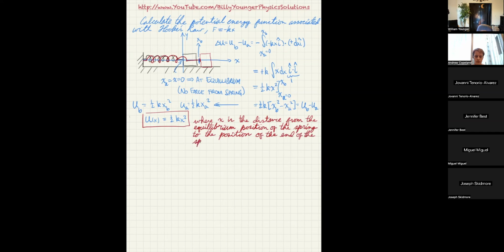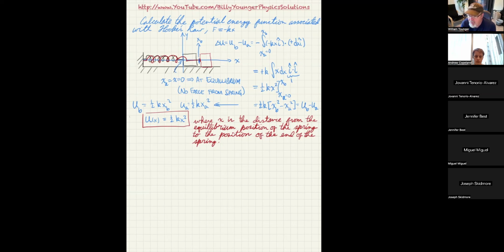Now, I'm saying end of the spring, but to be honest with you, when you put a mass on a spring, especially if it's hanging, there's a good chance that the end of the spring gets all bent and stuff like that, and it might not be a good indicator of what the x is. So you just want to choose something that's consistent and easy to identify. Often, if you have a vertical hanging spring, you would take the distance from the bottom of the mass when it's hanging but not moving.